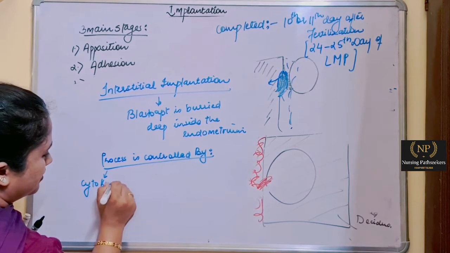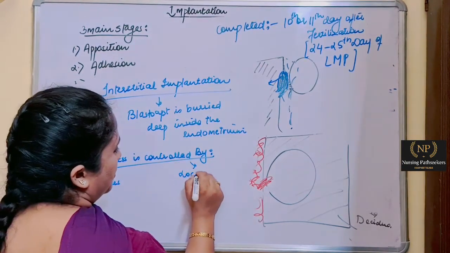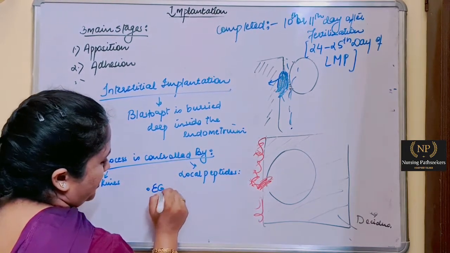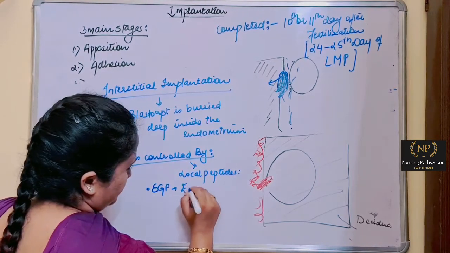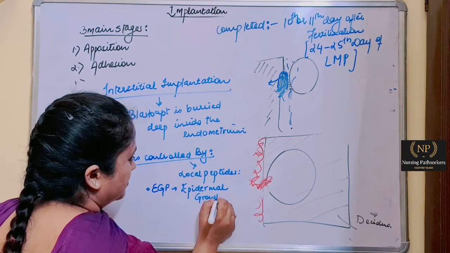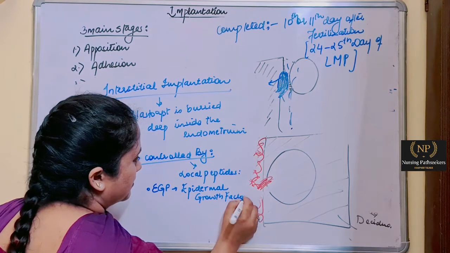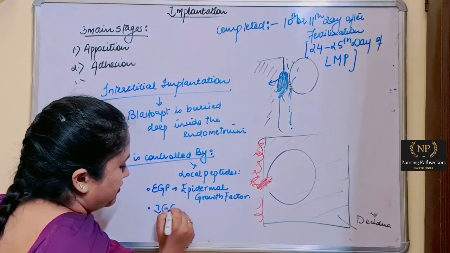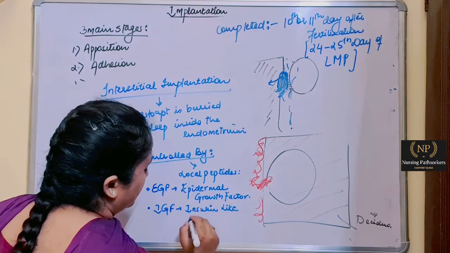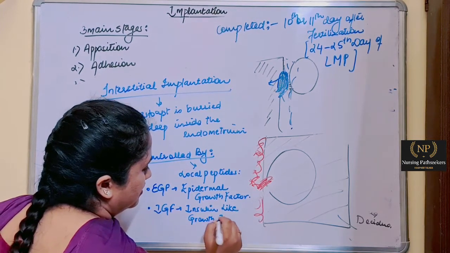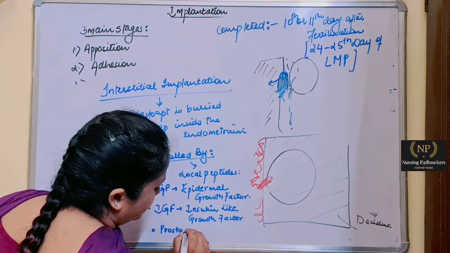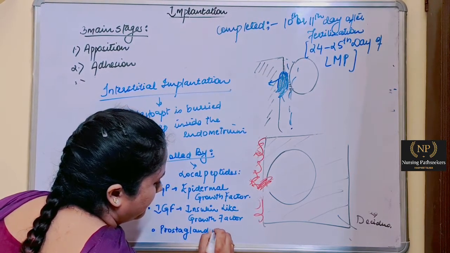And lastly, the process is controlled by cytokines and local peptides such as EGF, epidermal growth factor, IGF, insulin-like growth factor, and prostaglandins.